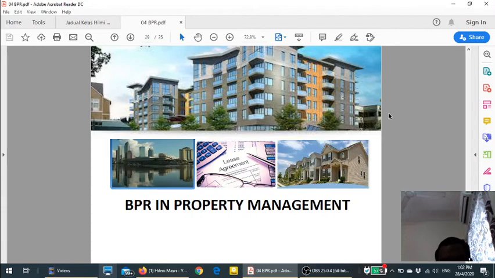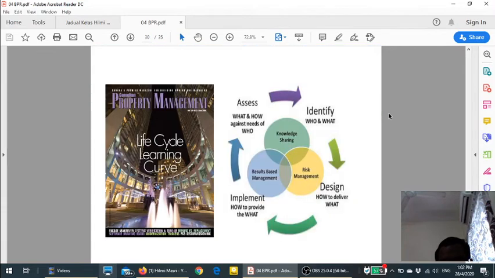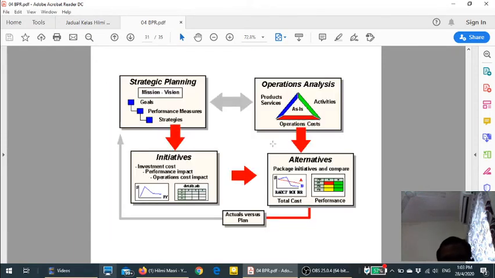For BPR and property management, like we have gone through before, you need to identify, design, implement, and then assess. So this is quite a simplified BPR life cycle. Okay.